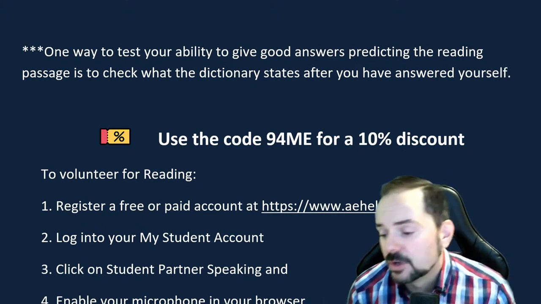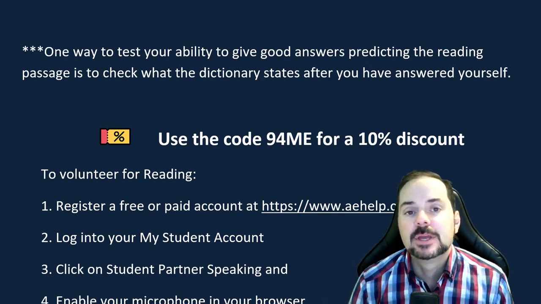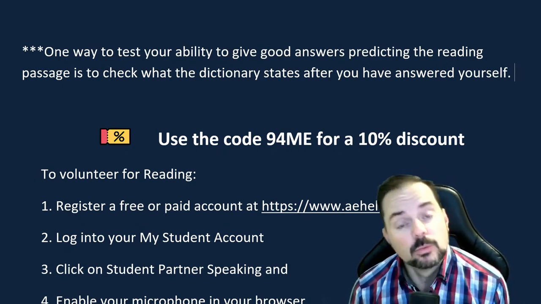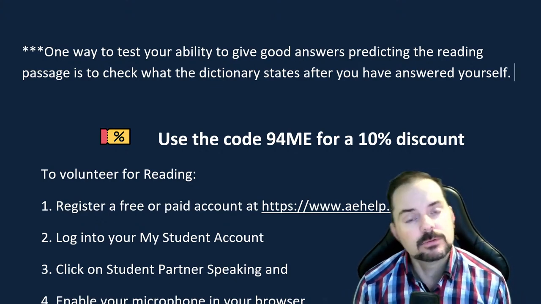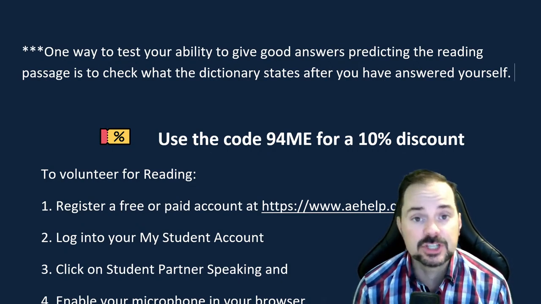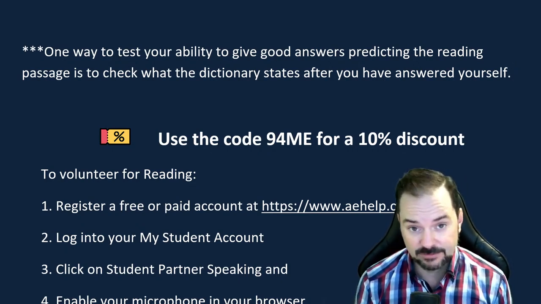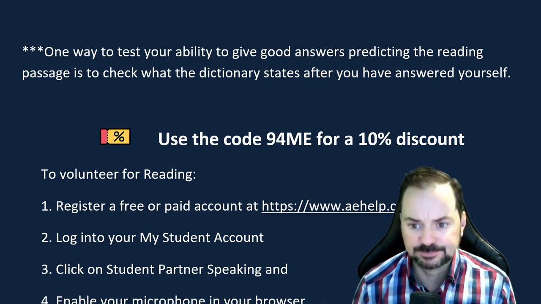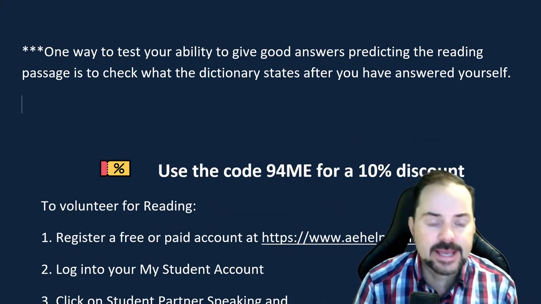So that's a very good practice or strategy, Romelia: you look at the title of the reading passage, you think, what is this? You give an answer, and then you check the dictionary and see, well, does the dictionary say that? And if the dictionary says something similar, you're on the right path. If the dictionary is quite different, then you have to stop and think, why? Why is the dictionary so different from my answers? What's going on in my head?